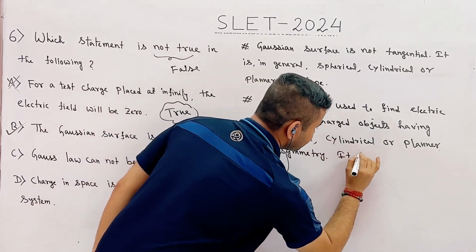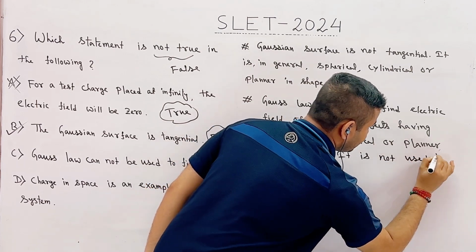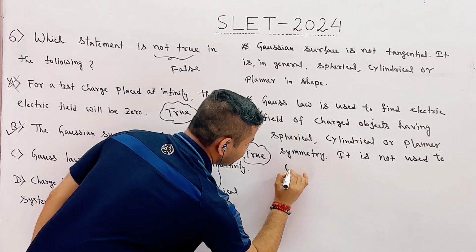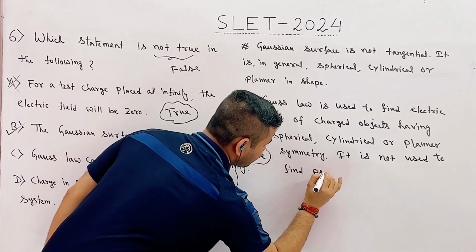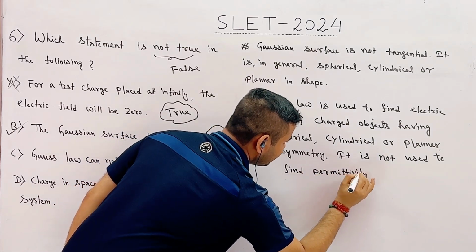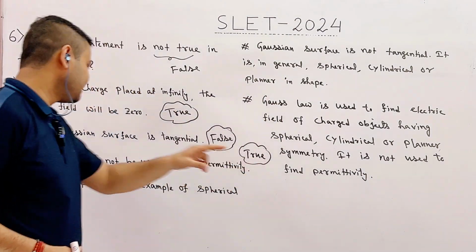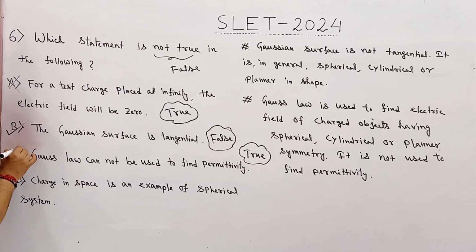It is not used to find permittivity. Okay? Since option C is the true statement, so therefore this option C is incorrect.